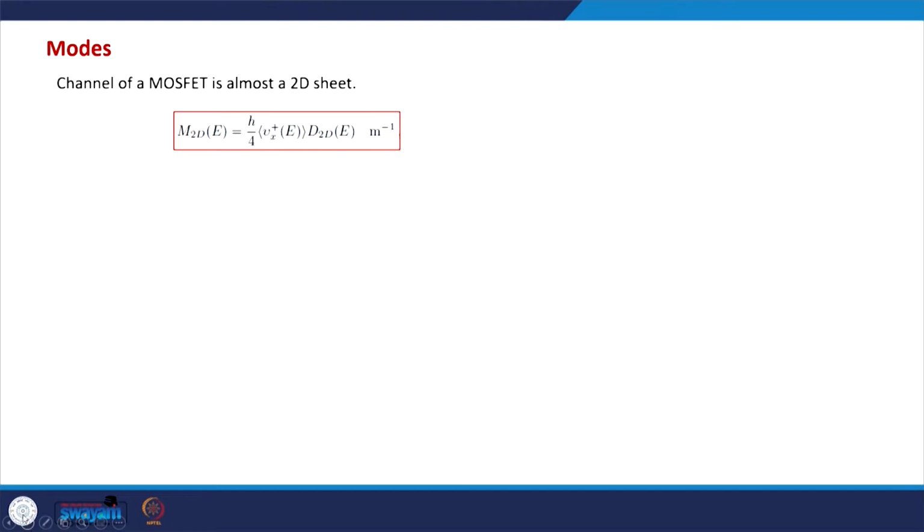So, for a 2D channel, the modes are defined as M(E) equal to h by 4 times the average velocity in the x direction times the density of states of the device.